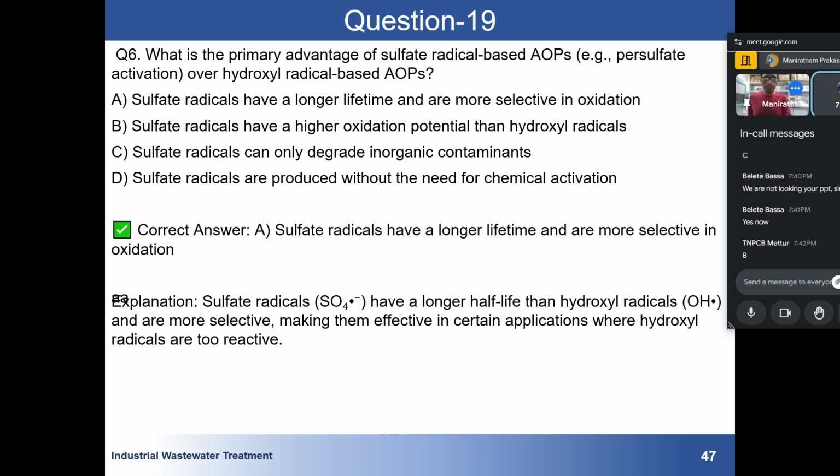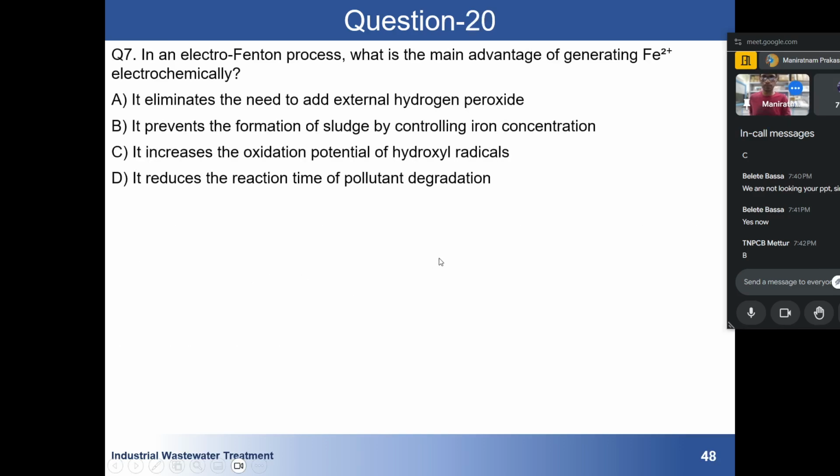Okay, then the last question of the day. Everyone please try. In the electro-Fenton process, what is the main advantage of generating Fe2+ electrochemically?